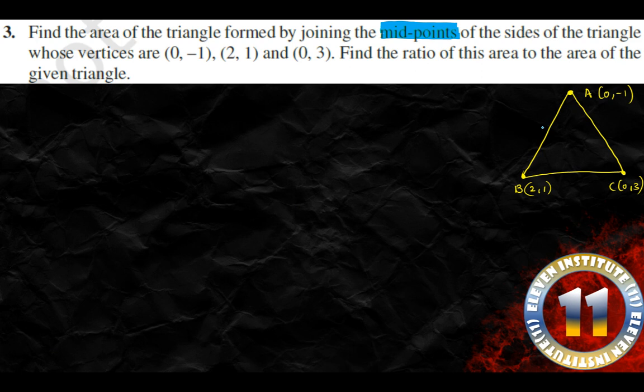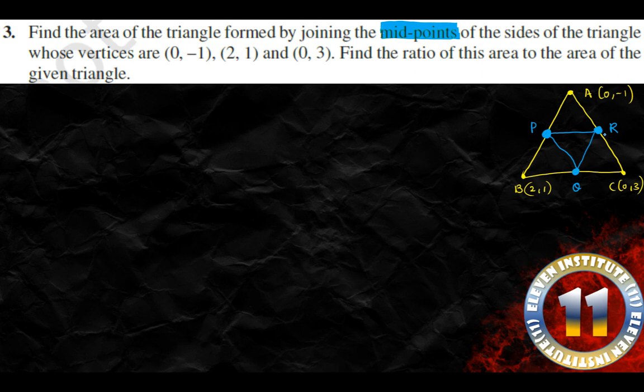So let the midpoint of side AB, this is the midpoint, let us name it as P. Midpoint of side BC be Q, and midpoint of side AC be R. Right, so now we can join P and R, we can join Q and R, and we can join P and Q. So we have to obtain the area of triangle PQR.